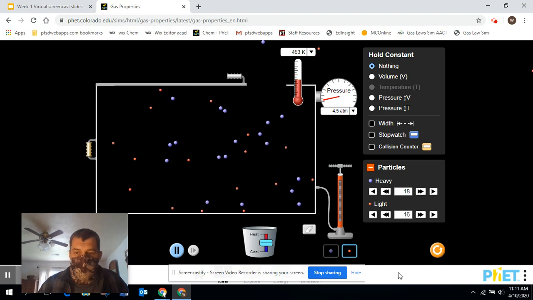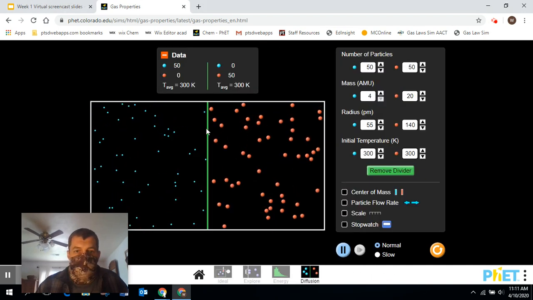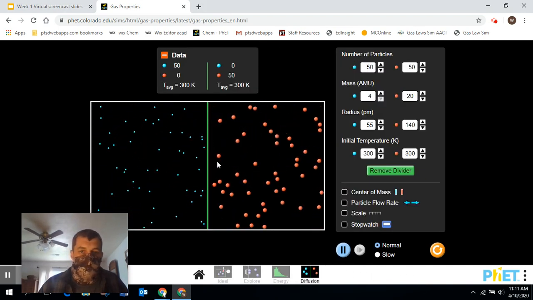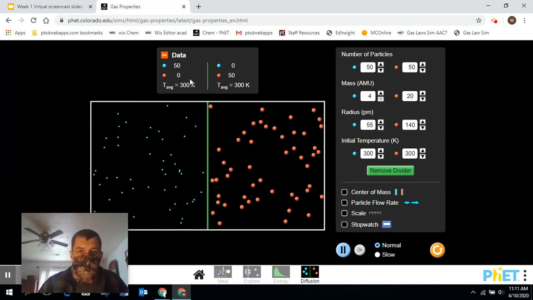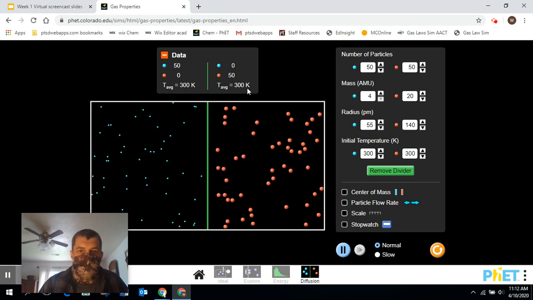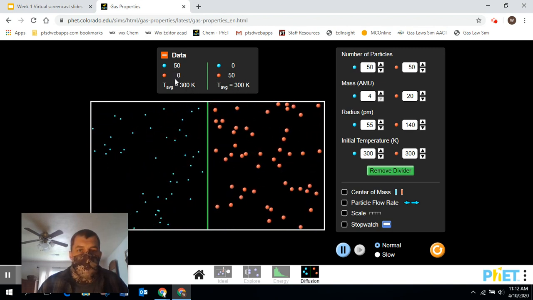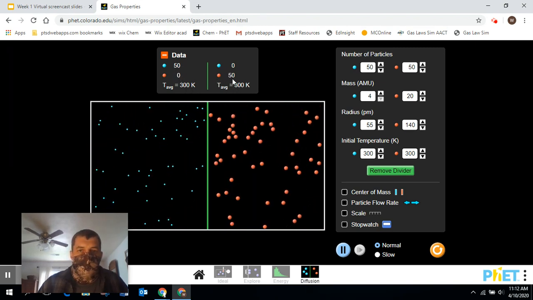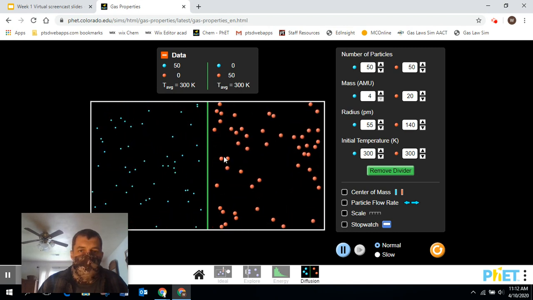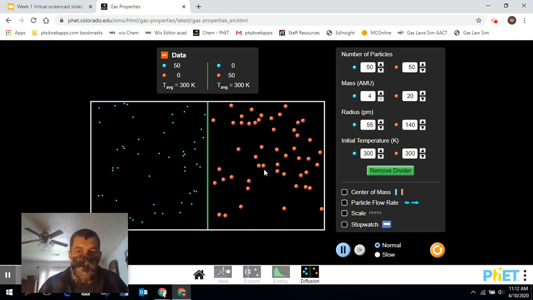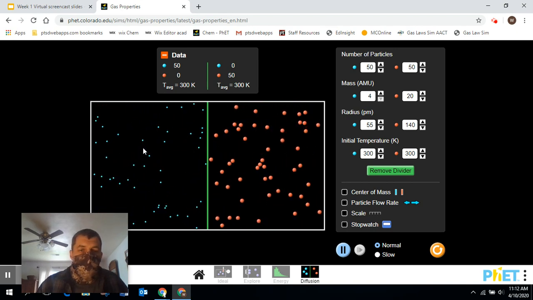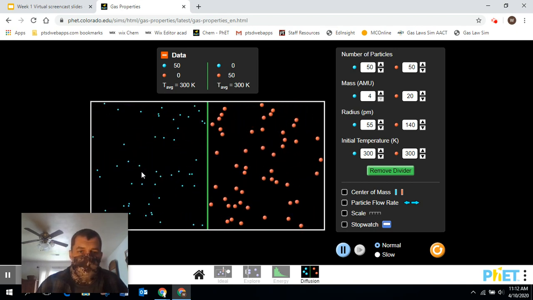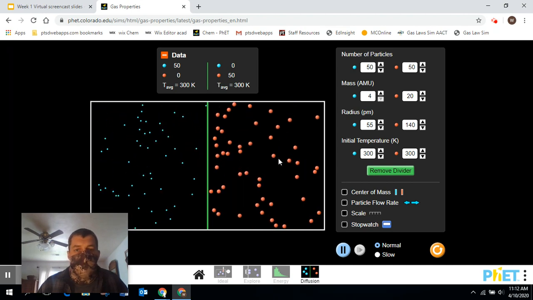Now, let's look at one more thing, and this is diffusion with a D. Notice both of these samples have the same average energy, same temperature. Watch these numbers and watch how slowly the heavier neon moves into the helium side compared to the helium side moving into the neon side.